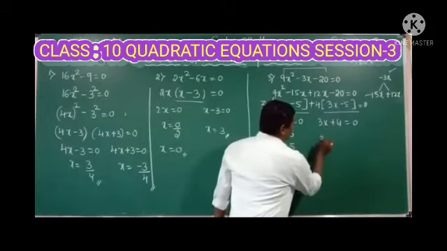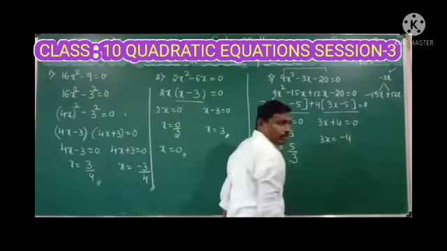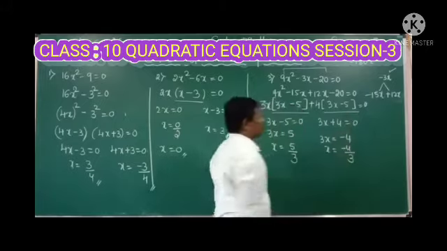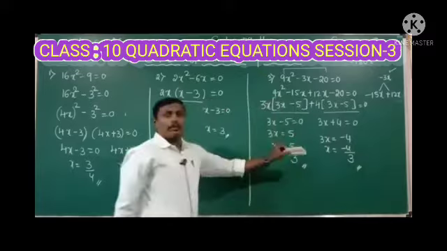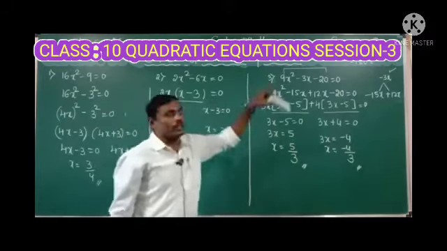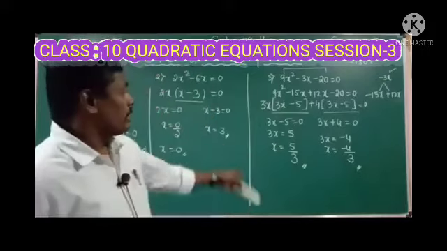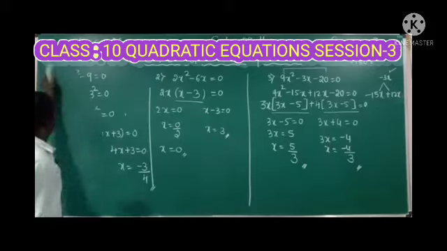Here 3x is equal to, taking the 4 to the RHS, minus 4, so x is equal to minus 4 by 3. So these are the two required roots of the given quadratic equation.